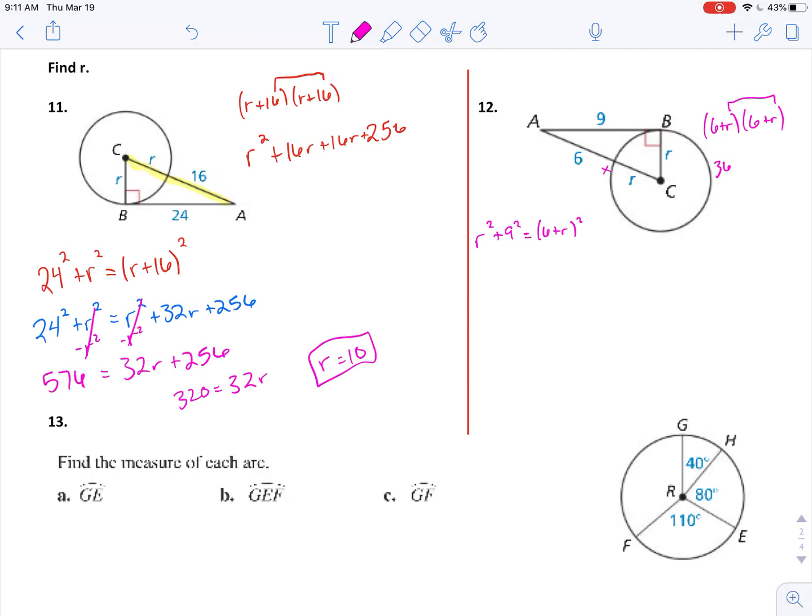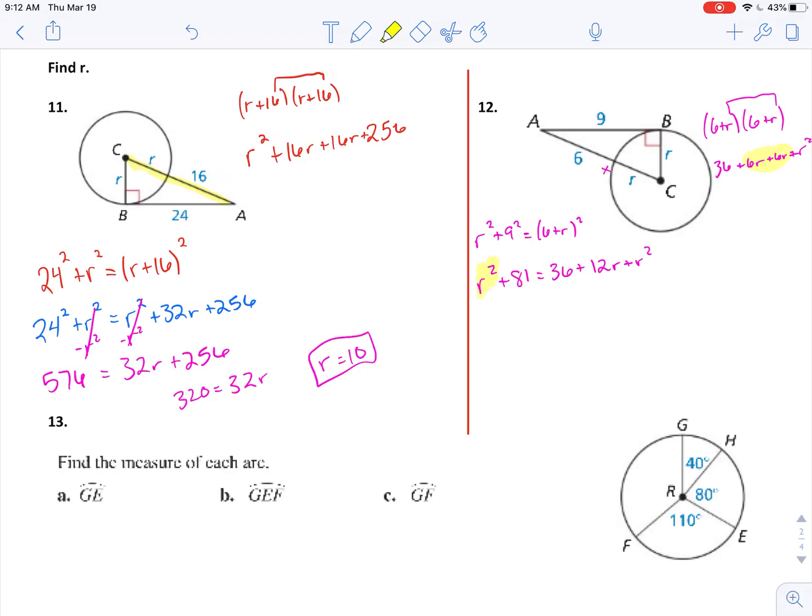So FOIL first, outer, inner, another positive 6r, and the last is just r squared. So I've got r squared plus 81, 9 squared is 81, equals 36 plus, and again, just let me combine those like terms, 12r plus r squared.